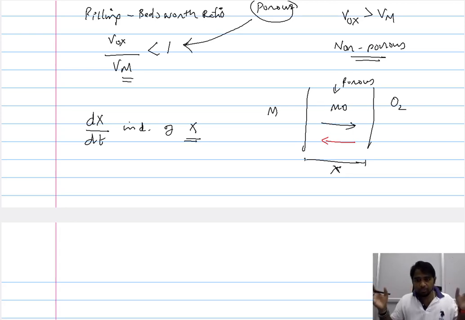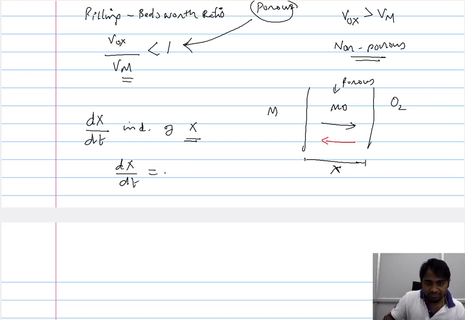Irrespective of what the thickness of your metal oxide is, since the propagation of the ions happens so fast, the overall rate is not governed by the diffusion of the ions within the metal oxide. Therefore, the overall rate in such a case is a constant, which we express as KL.